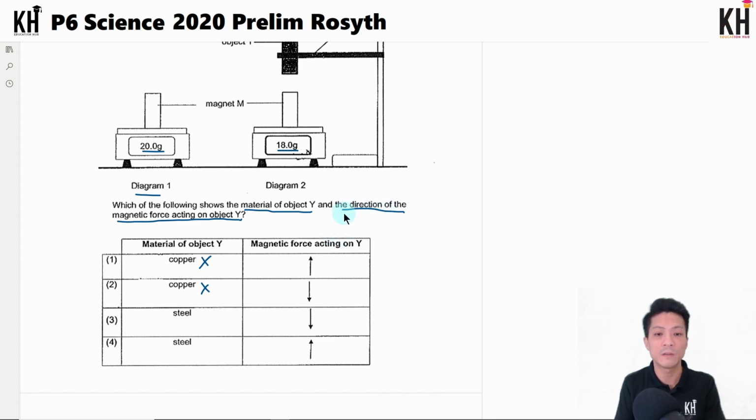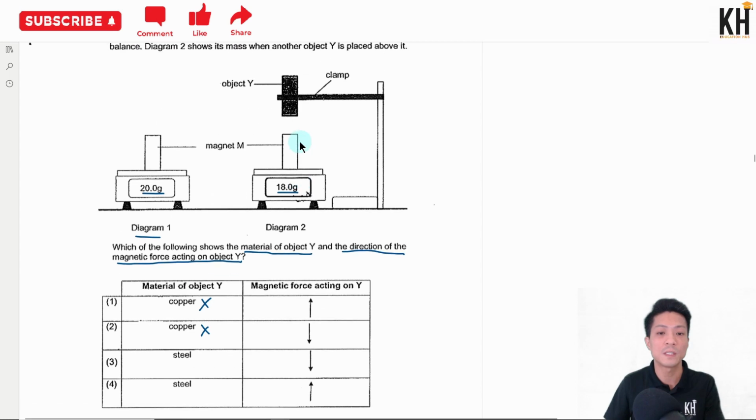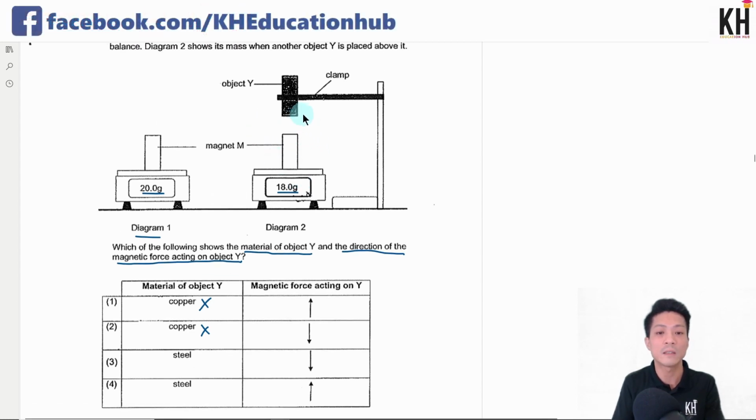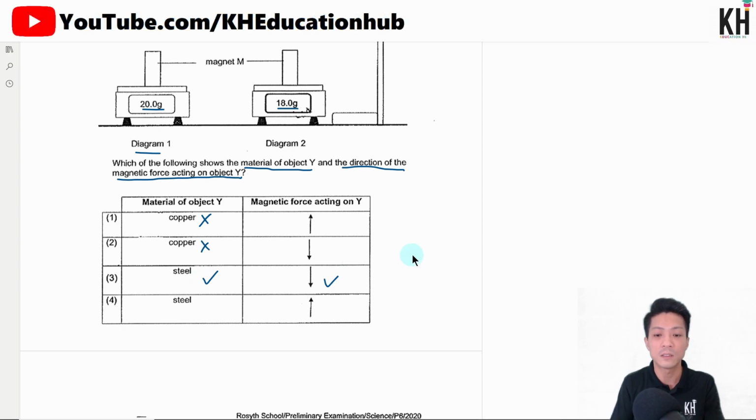Now looking for the direction of the magnetic force acting on object Y. Be careful, it is the force that is acting on object Y. Magnet M will exert a downward force on object Y. So the answer should be number 3.